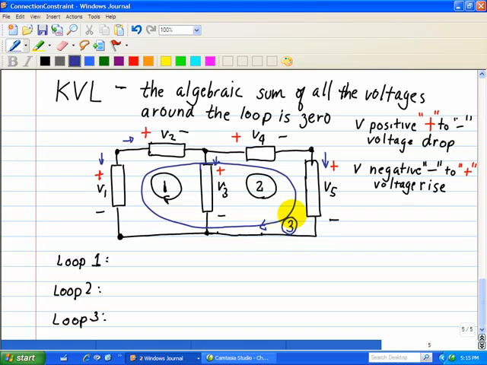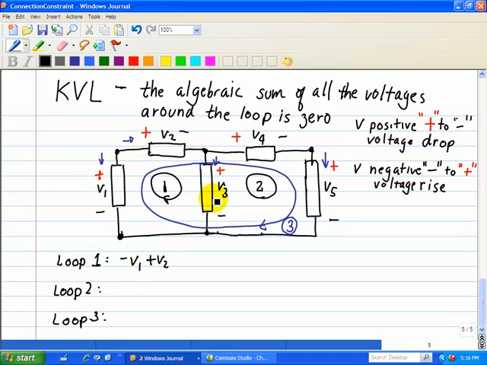So let's write the KVL equations for loop 1. Again, we'll start off here and we should end up here, and that's equal to 0. We're going from a minus to a plus, so that's a negative V1. We're going from a plus to a minus, so that's a plus V2, so we're entering that device with a positive.